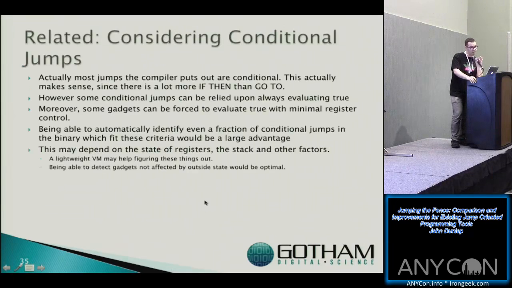And then once we have stuff running in a VM, we can start thinking about those conditional jumps and figuring out which of these conditional jumps we can manipulate to be unconditional and use in our exploit. That's going to open up the possibilities for doing this kind of exploit a great deal. But it requires us to emulate what's going on, to run things in a VM in a very specific way where we learn what we want to learn and prove what we want to prove about how the exploit works.